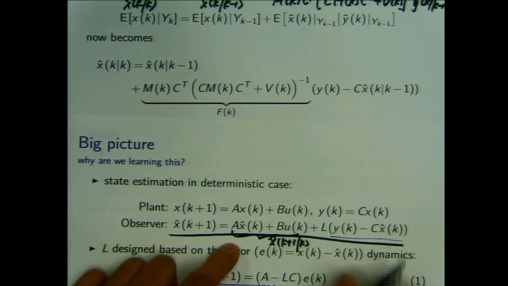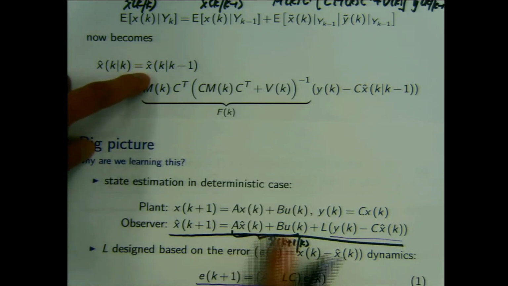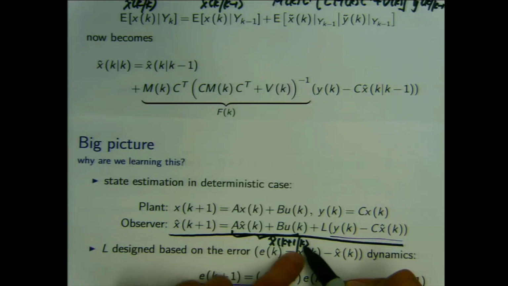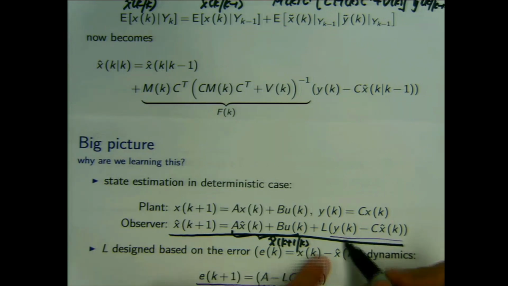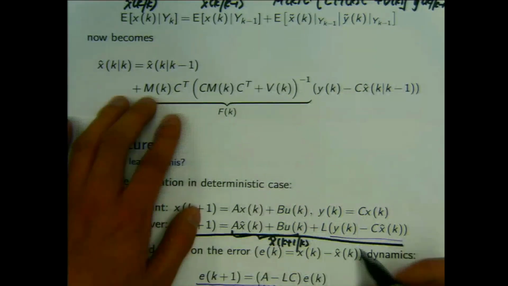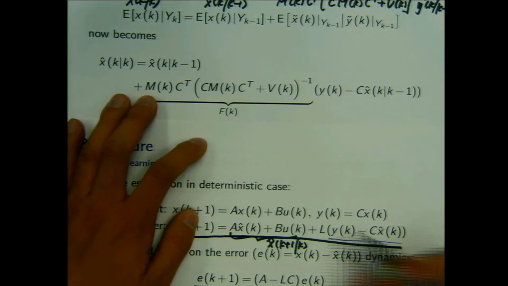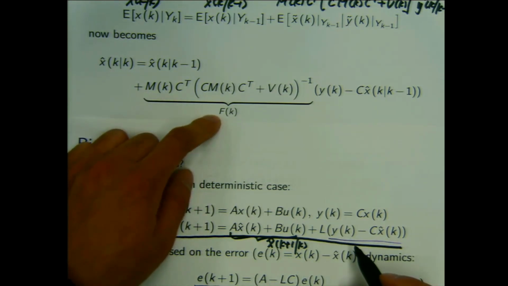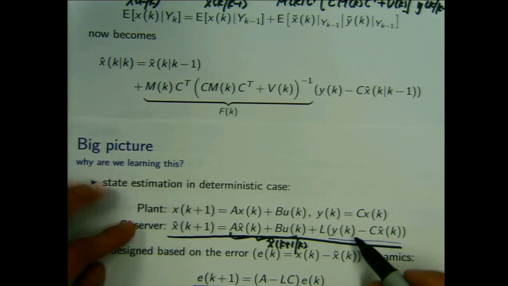Okay, so the first term is exactly this term here, A x hat k plus B uk. This is estimating using all the information up to k to estimate x hat k plus 1. And then this term looks exactly like this term. This is the error term, and this is the error term here. And L, now the difference is L is replaced with a matrix here, F of k, which now depends on the statistic properties of the noises in the system.